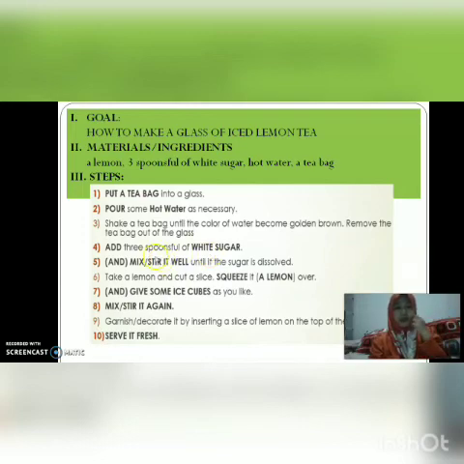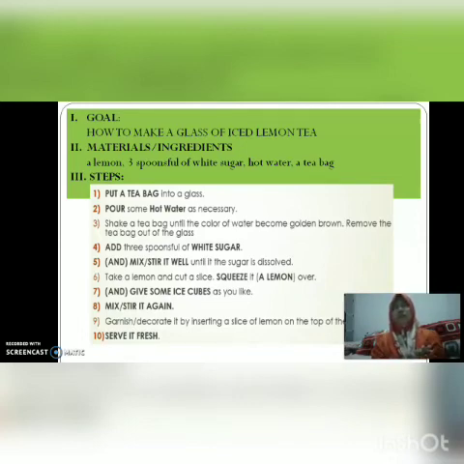And then mix and stir it well until the sugar is dissolved, larut, yeah. And then take a lemon and cut a slice. Squeeze the lemon over and give some ice cubes as you like.